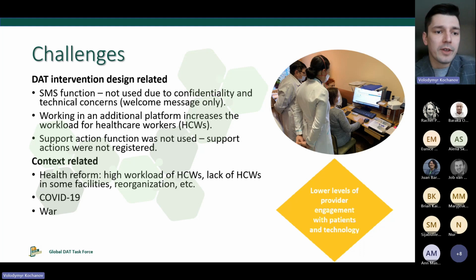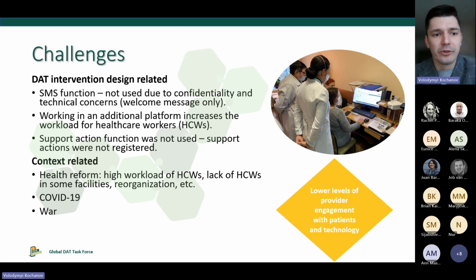We noticed that for most healthcare providers, working in an additional system, the digital adherence platform, increases the workload for them. And this was noticed when, as we supposed, healthcare providers didn't confirm missed doses.